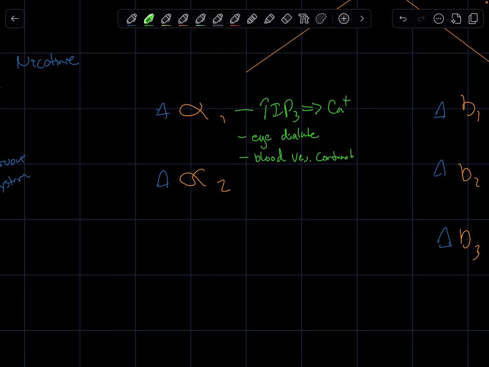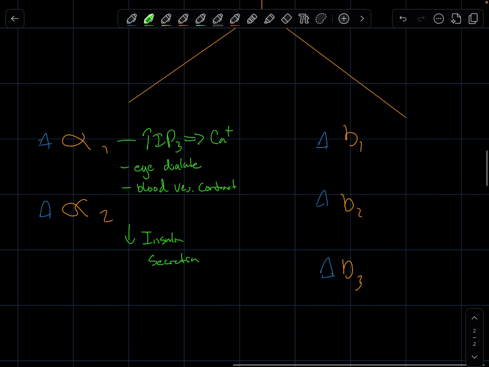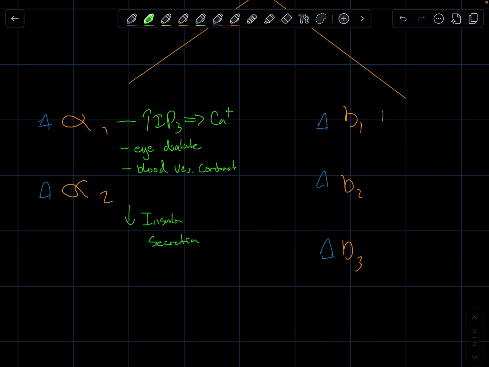Alpha 2 isn't really talked about very much, but it will have a decrease in insulin secretions. Okay. Beta 1, 2, and 3, they're all going to experience an increase in cAMP, so cyclic AMP.